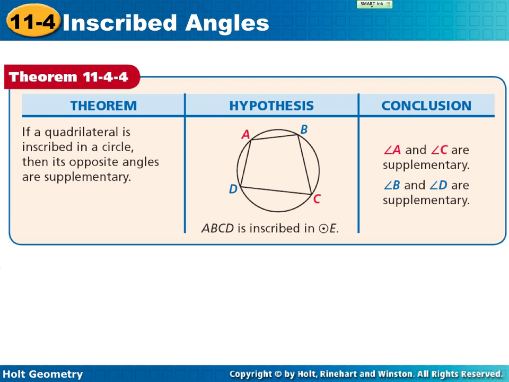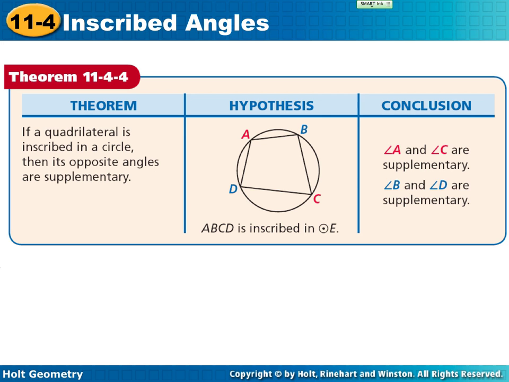Okay, and a fourth one related to the inscribed angles. Now instead of a triangle, we have a quadrilateral inscribed in the circle. So every corner of the four-sided figure is on the circle. If a quadrilateral is inscribed in a circle, then, let's read what it says.